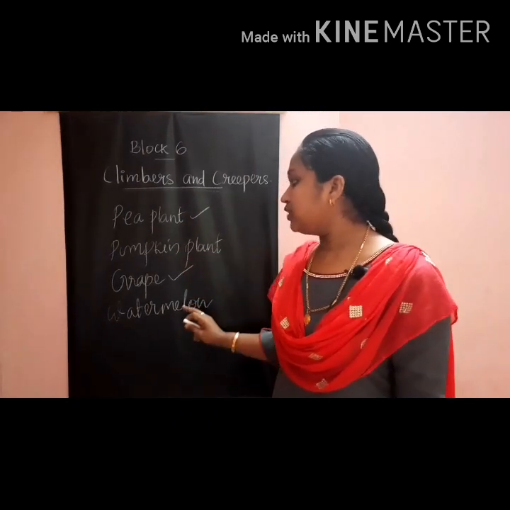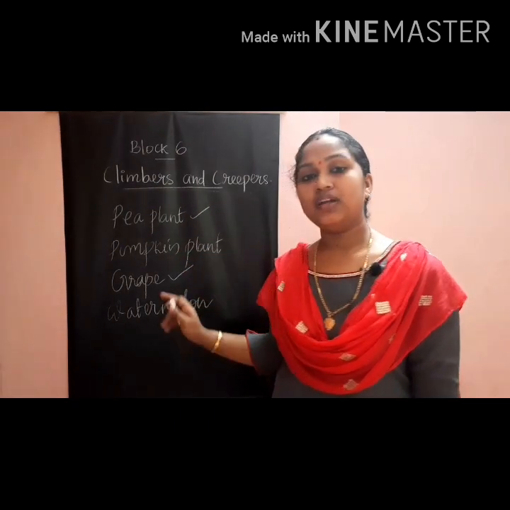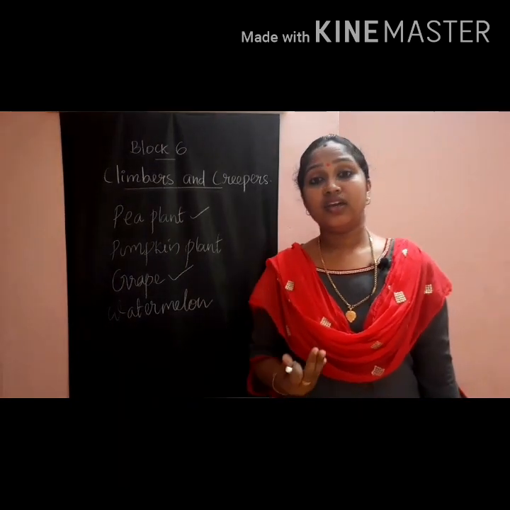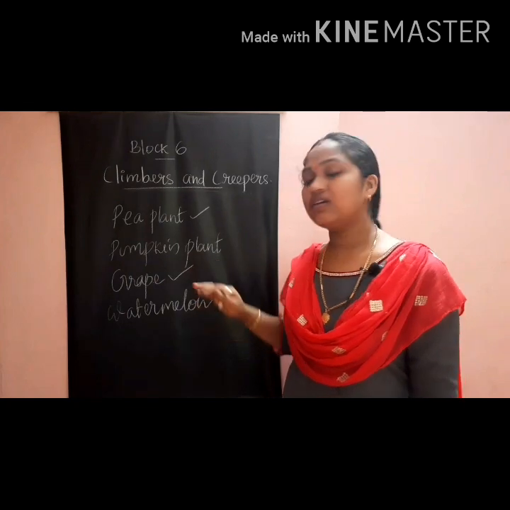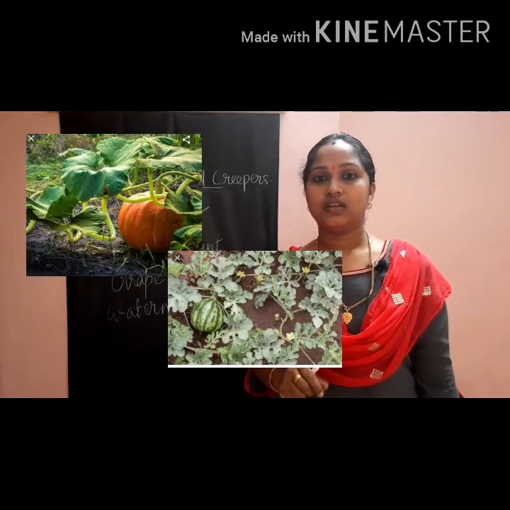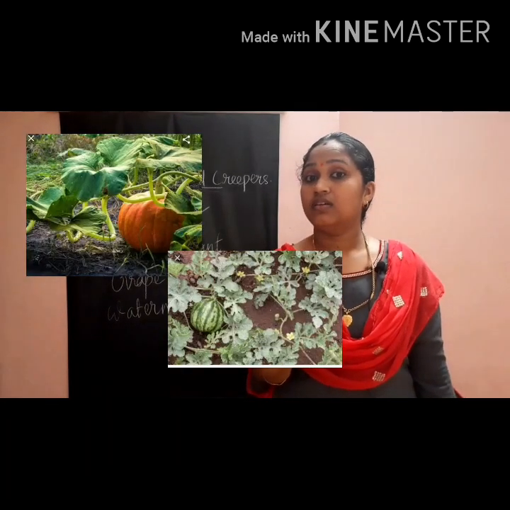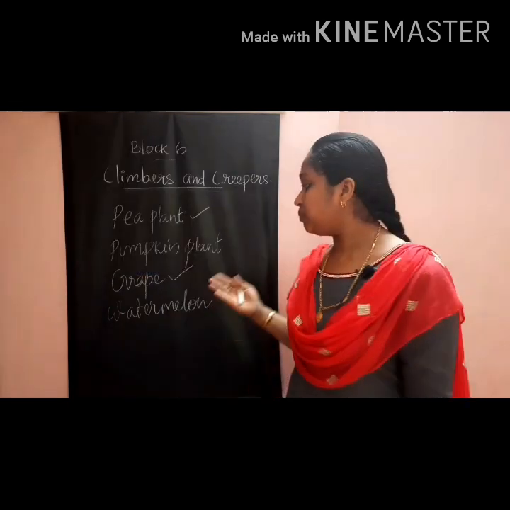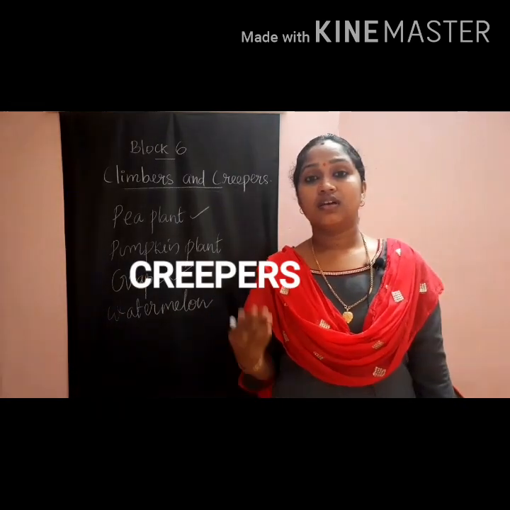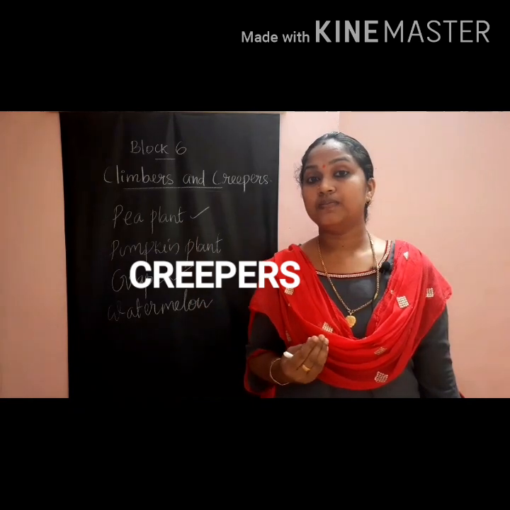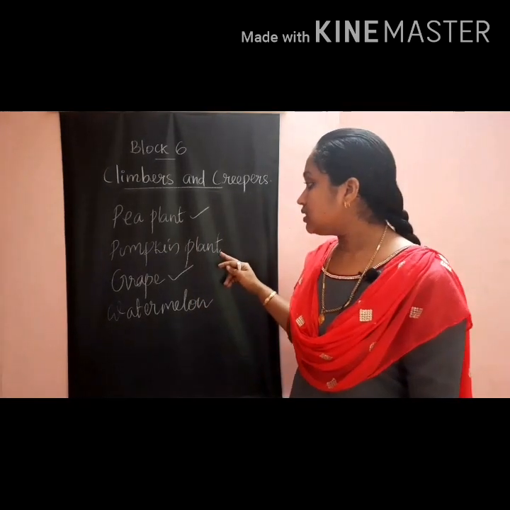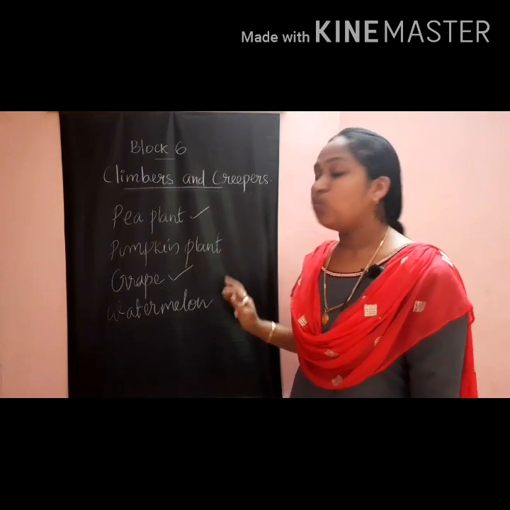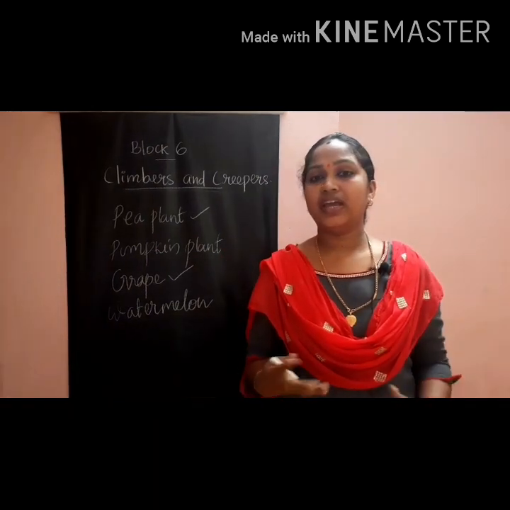The rest of the two, pumpkin and watermelon, are growing along the ground. Can they climb up? What will happen if a pumpkin or watermelon climbs up with a support? Is it possible? No, because the fruits of pumpkin and watermelon are very heavy.